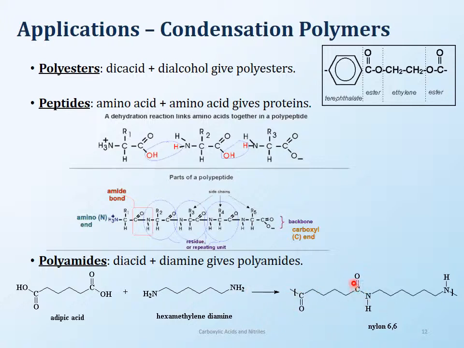Again, remember this is an amide linkage because this is a polyamide. You have the amide linkage here also in peptides, but that's because it's in proteins. Because of amino acids, it's called peptide, and here we just call it an amide linkage. This one specifically is called 6,6 nylon because in each of the fragments of the amine and the acid, we have 6 carbons. So this is nylon 6,6. But anyhow, nylon has a very interesting history.